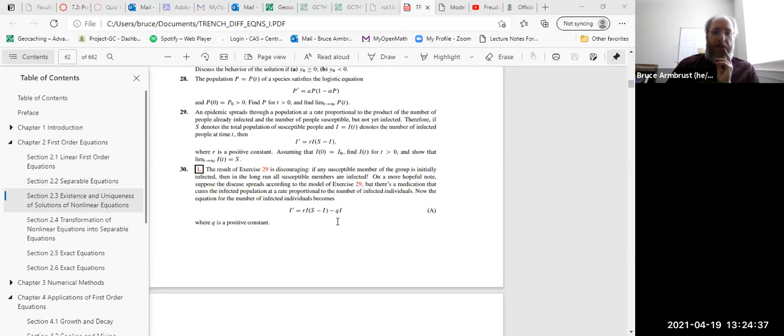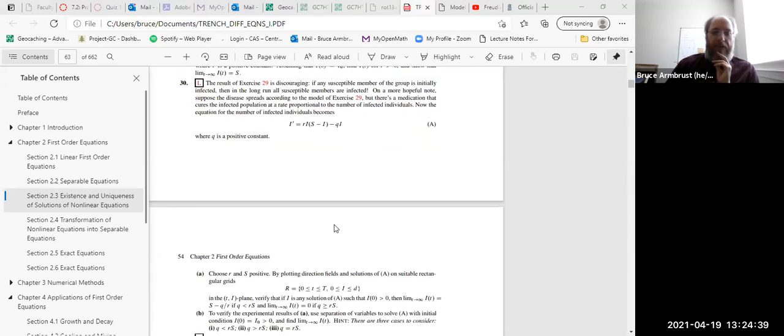Now the equation looks like this. It says choose R and S positive by plotting direction fields and solutions on suitable rectangular grids. Verify that if I is any solution such that I of 0 is greater than 0, then the limit as t goes to infinity is S minus Q over R, or 0 if Q is greater than RS.